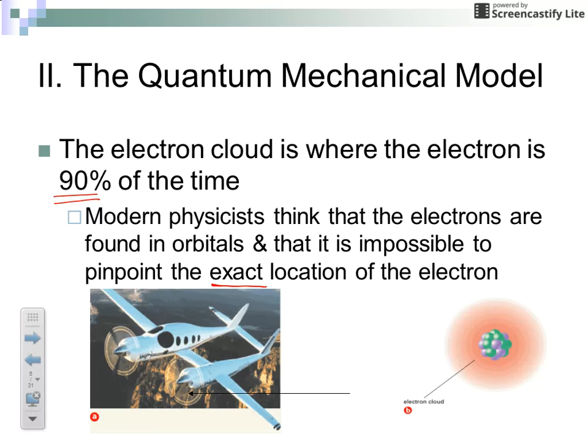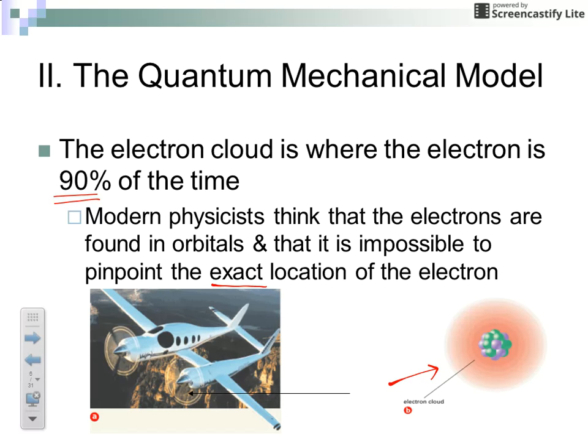Another thing I want you to understand is the electron cloud model, which is the quantum mechanical model. It views the electron cloud as a cloud-like region. That's where it gets the name electron cloud. Notice how this picture that I have on the slide shows the electron cloud.